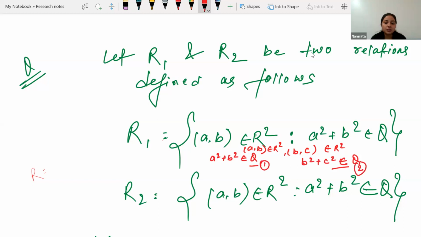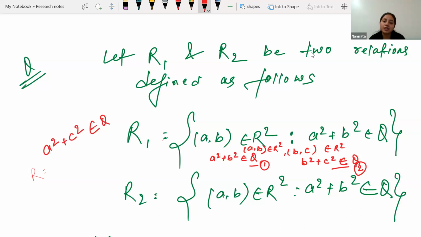This is equation number 2. By using the first condition and the second condition, can we say that a square plus c square belongs to rational numbers? Let's add these two equations.